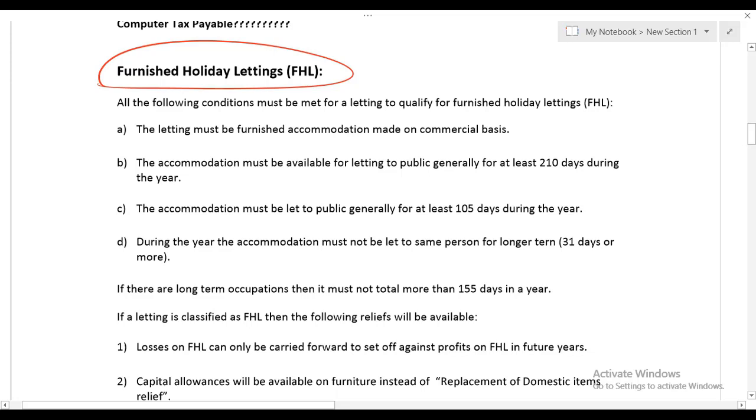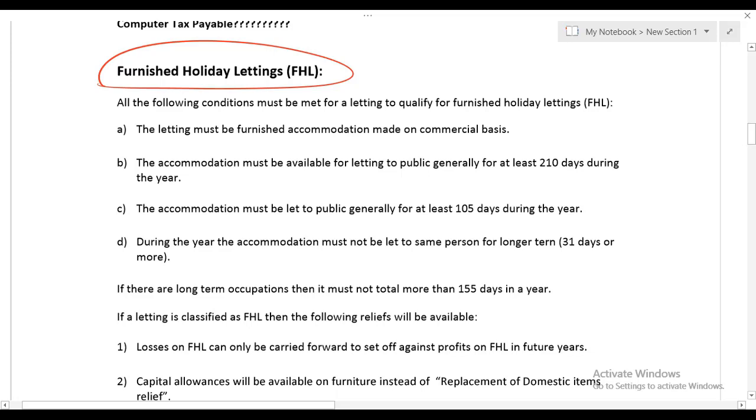In that question, the students were just supposed to write all the conditions and tell the examiner that all these conditions are met. That is why this property must be treated as furnished holiday letting. Sometimes very simple questions come in the exam, and they become very difficult if you have not remembered the rules.